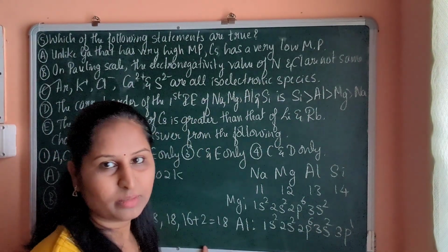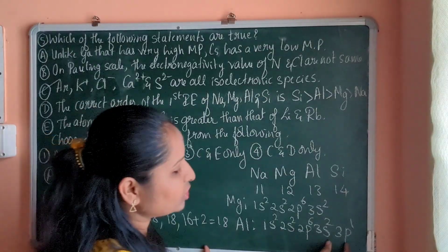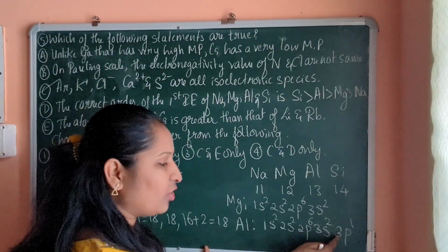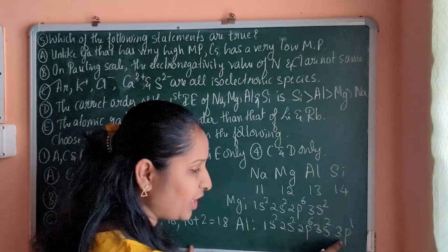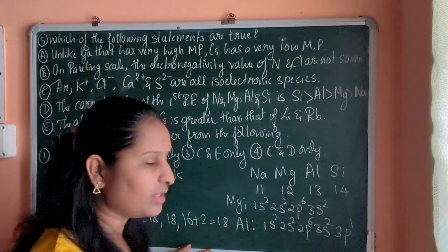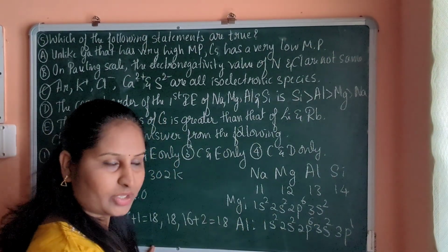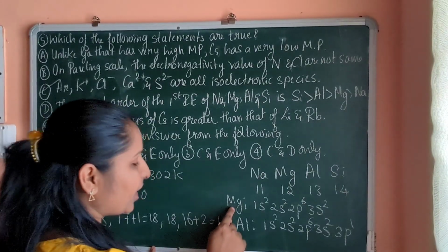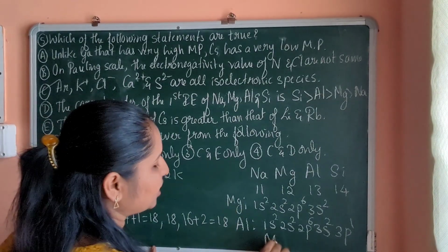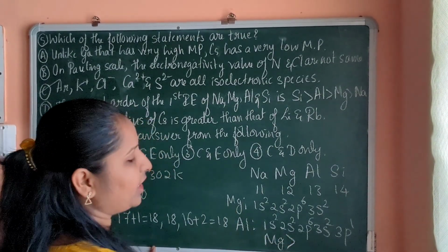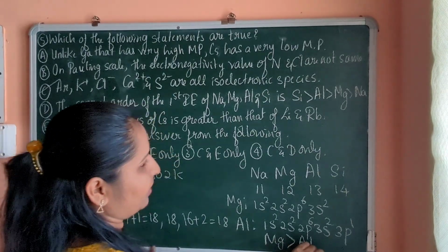Ionization enthalpy is the removal of the outermost electron. Removing the one electron from the p orbital of aluminium is easier compared to the fully filled s orbital of magnesium. Hence magnesium's ionization enthalpy is greater than that of aluminium.